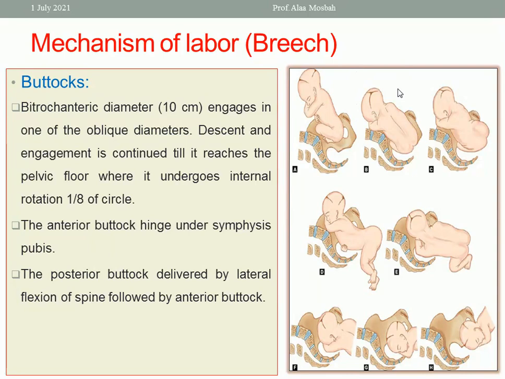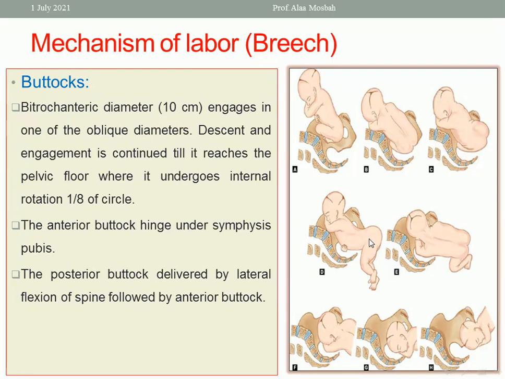Descent, then engagement, then reaching the pelvic floor, and like occipito-anterior, when the anterior buttock reaches the pelvic floor, it will rotate one eighth of a circle anterior, and the anterior buttock hangs behind the symphysis pubis, as you see here. Okay, the posterior buttock is delivered first, followed by the anterior buttock, by lateral flexion of the spine.